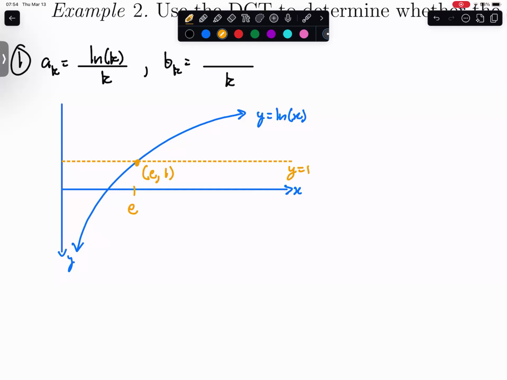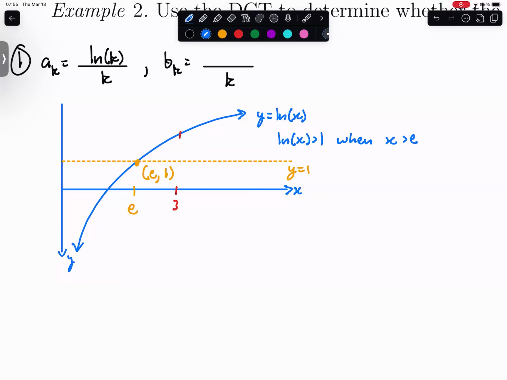Okay, well, since my series begins at 3, that means what I'm really looking at is anything bigger than 3. So that hints that for the natural log function, I know it's bigger than 1 as long as x is bigger than e.